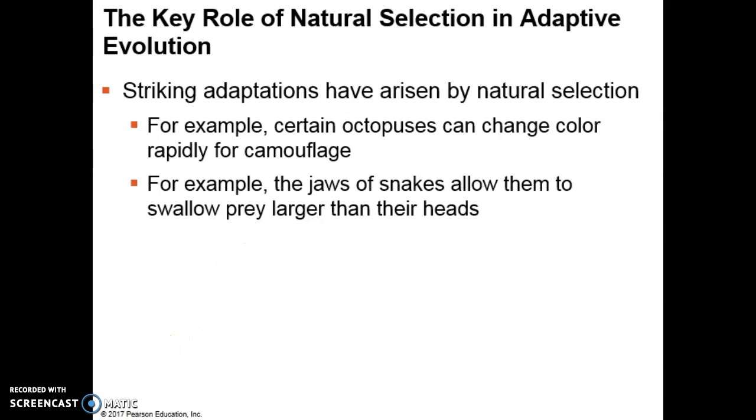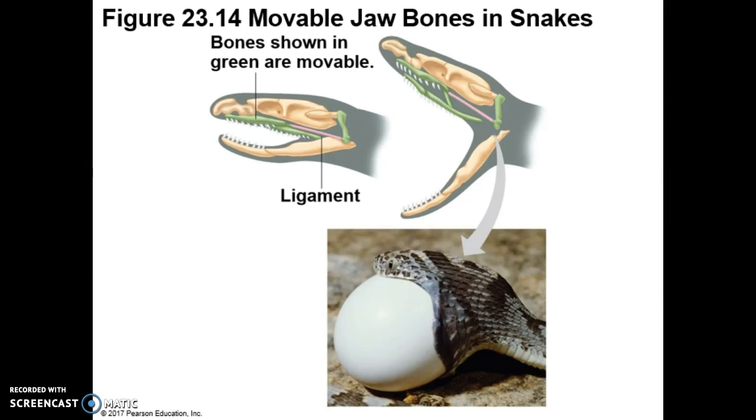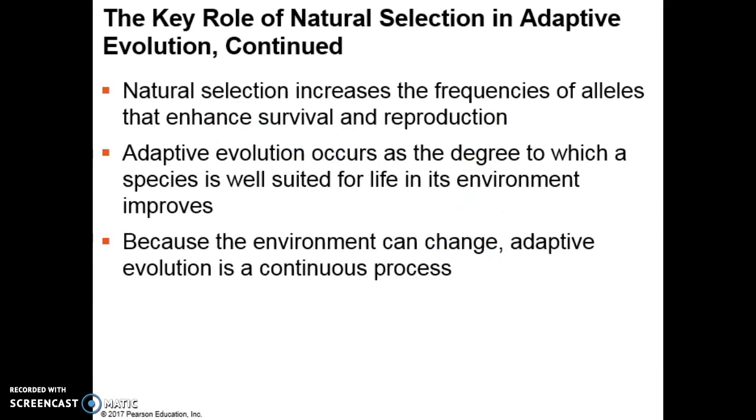Another example that your book talks about, that I'm going to do a really poor job of explaining, is how we have these movable jawbones in snakes and some other organisms. They can basically detach their jawbone and reattach it to swallow things much larger than themselves. That's an odd adaptation. Make sure you look at how that developed in your textbook.